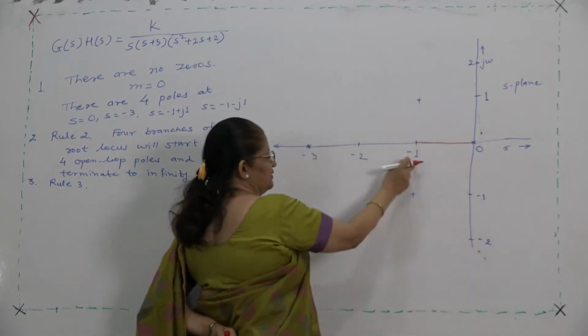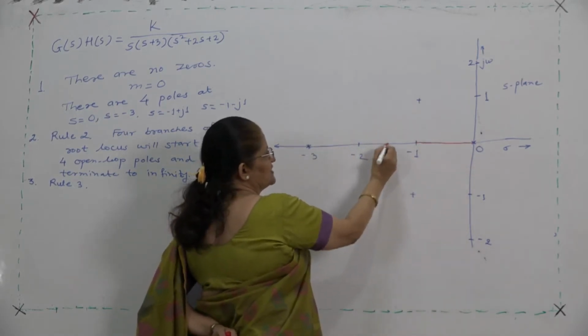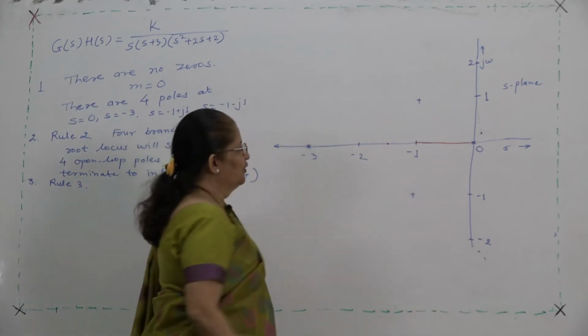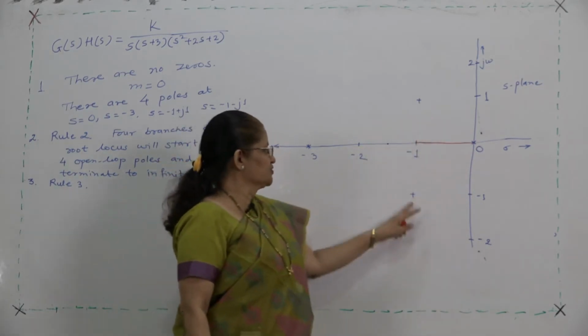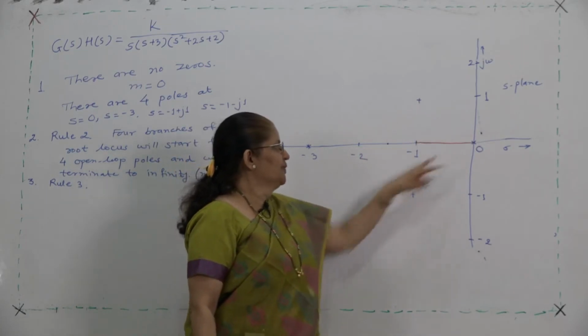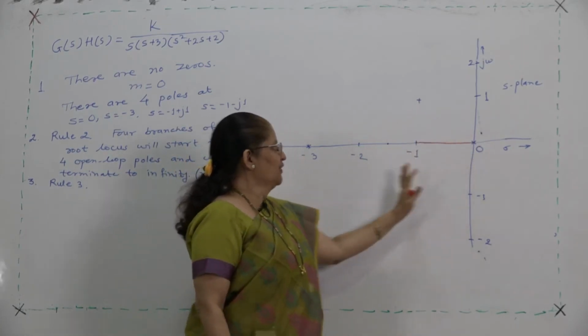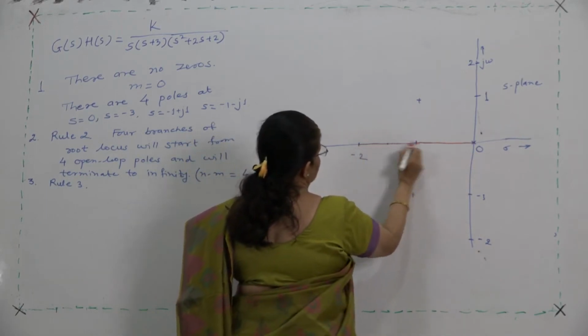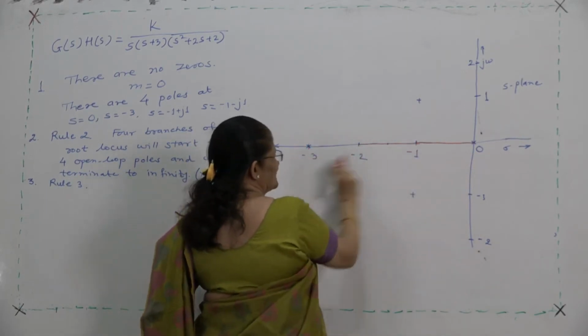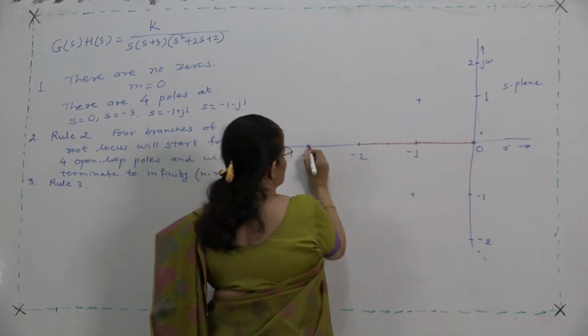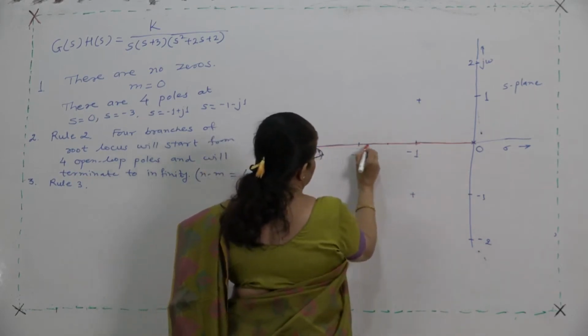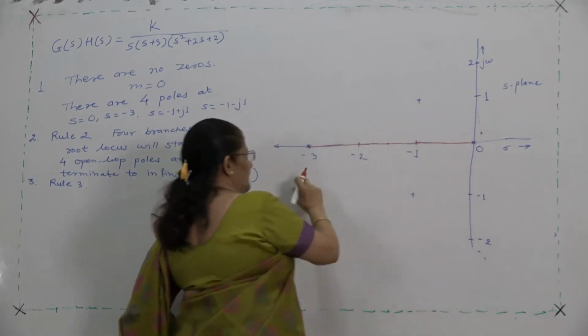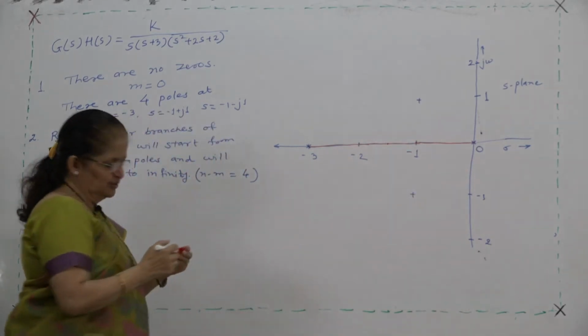Then consider between -1 and -2, suppose this is your test point. How many poles will lie now? This is a complex conjugate pair. So 2 plus 1, 3, which is again odd, and so this will lie on your root locus. From -3 again you will get 3 poles. So the whole real axis region from 0 to -3 will lie on the root locus.